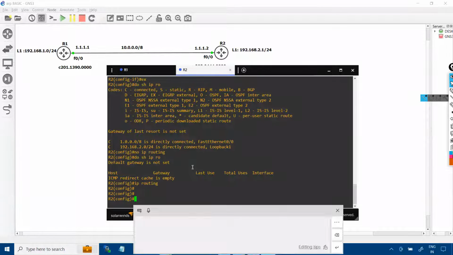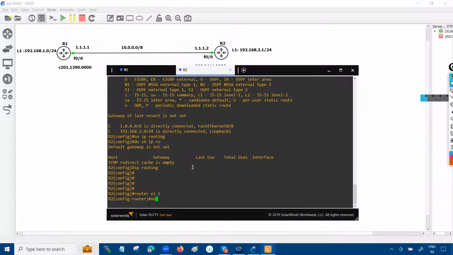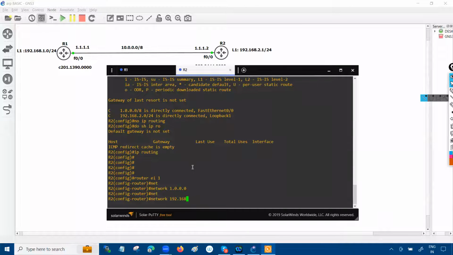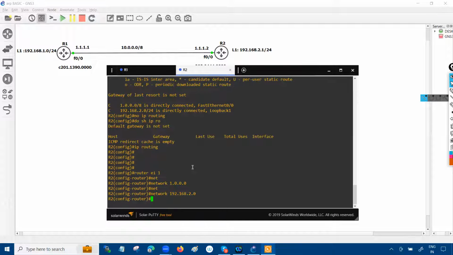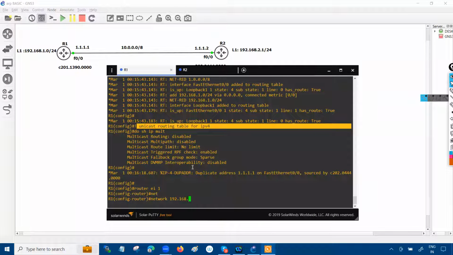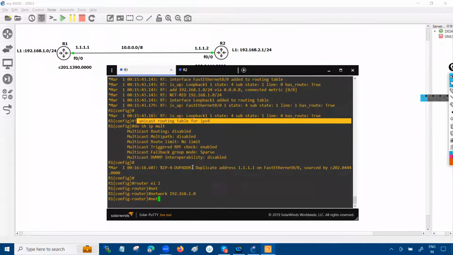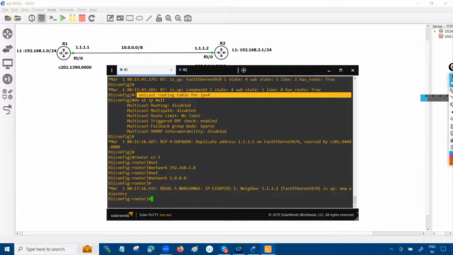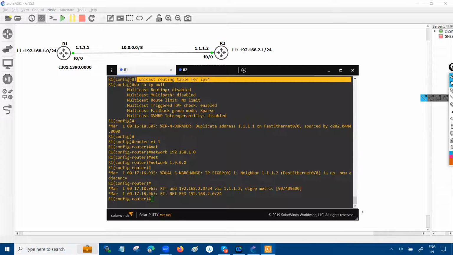So I'm simply going to configure router EIGRP, a very simple protocol, network 1.0.0.0 and network 2.0.0.0. Same thing on router number 1, router EIGRP 1, network 1.0.0.0 and network 1.0.0.0. So now you can see that EIGRP has found the neighborship.